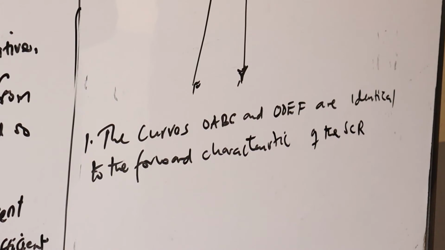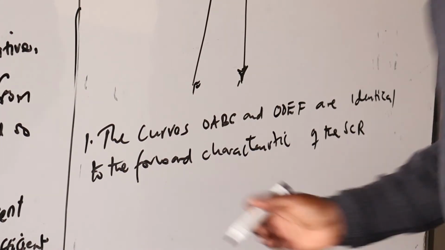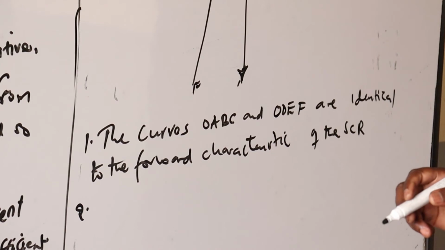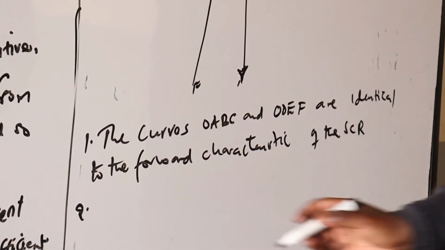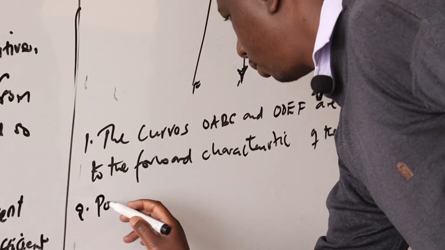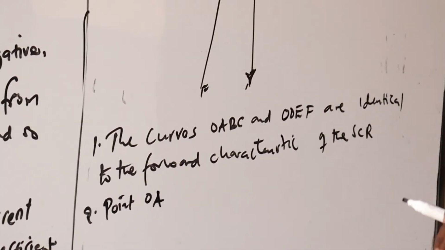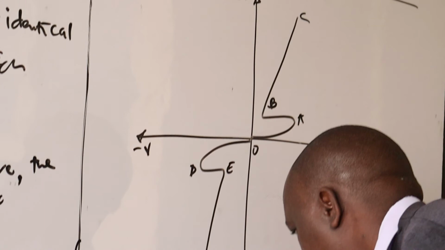So whatever we have as expression, the SCR can also apply this. Another thing to understand is point OA, the SCR is off. Point OA, the Triac is off, not the SCR.